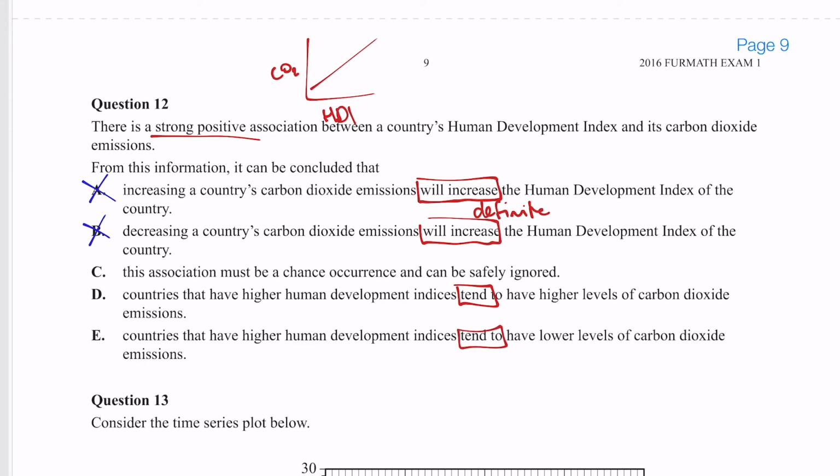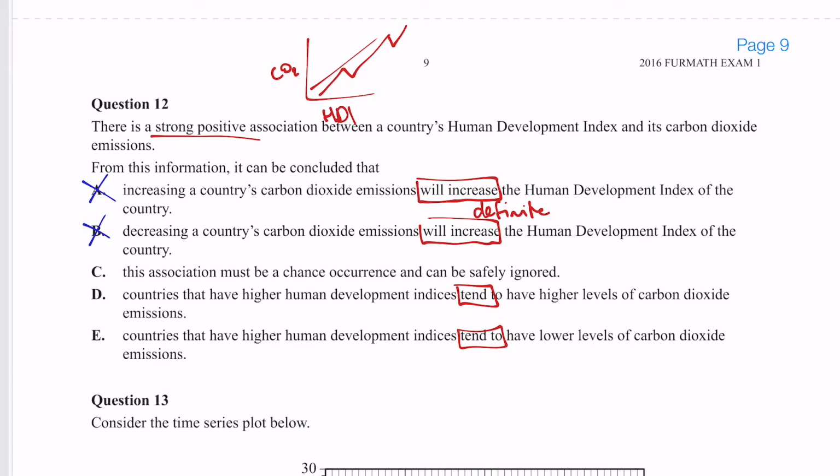Those words are more accurate, and those are the answers that are correct compared to will increase, because will increase is saying that as HDI increases, CO2 will definitely increase. However, there could be small peaks down. So will increase, straight away cross it out, don't even think about it.